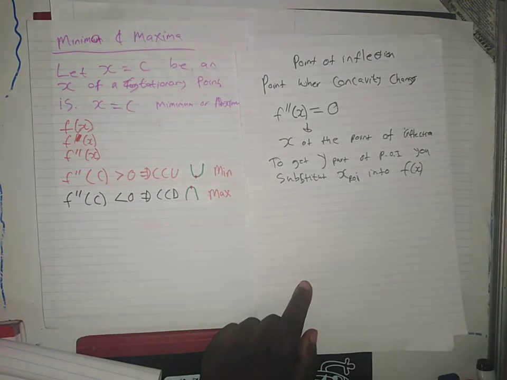Remember, a point of inflection is a point on the graph. That is why if you find the x part of it, you must substitute it in the main equation and then get the y value that corresponds with it.